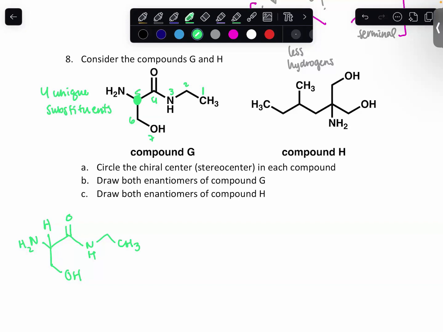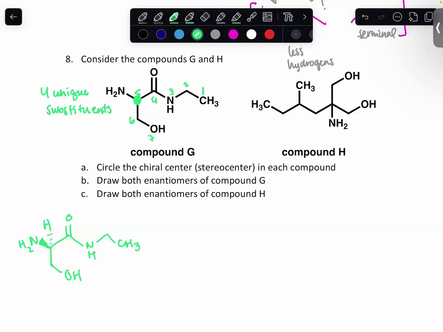Does it matter where I put them? No, because we're drawing it from a 2D image, so we don't actually know what they are. In this case, we're just trying to make one enantiomer and then another. So I'm going to make my nitrogen, and then I'm going to make the hydrogen wedged or dashed.